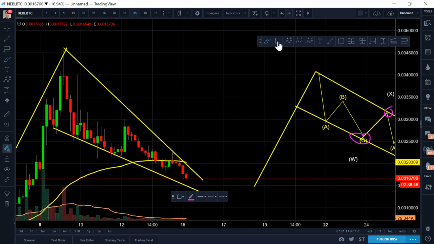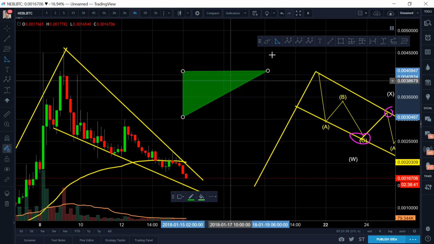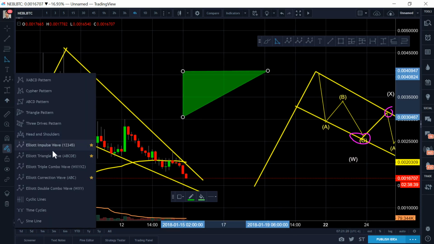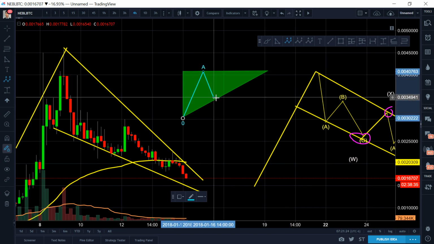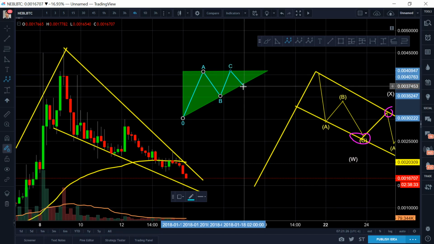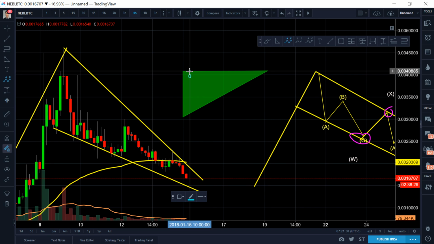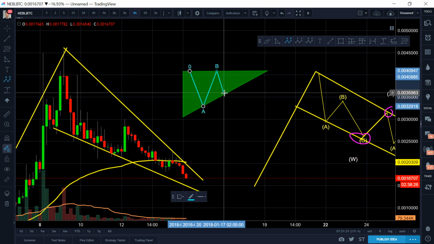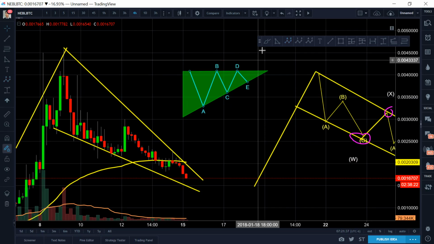So you guys know the mechanics of an ascending triangle, right? People say it makes an A, B, C, D, E, right? Oh, sorry, it's the other way around. 1, A, B, C, D, and E, right?